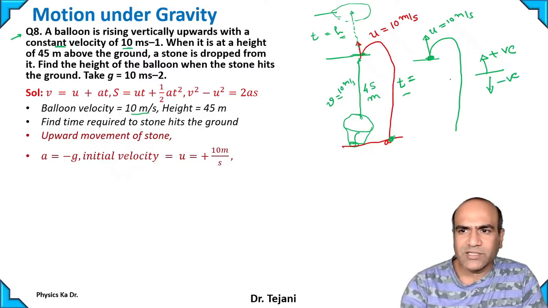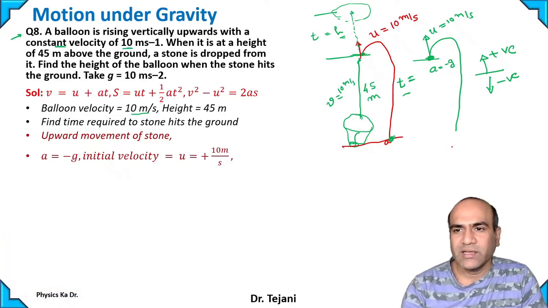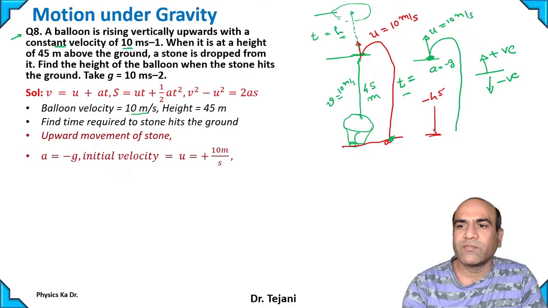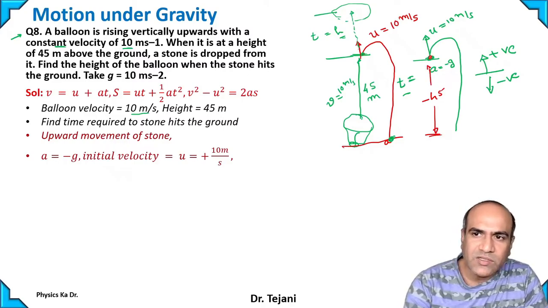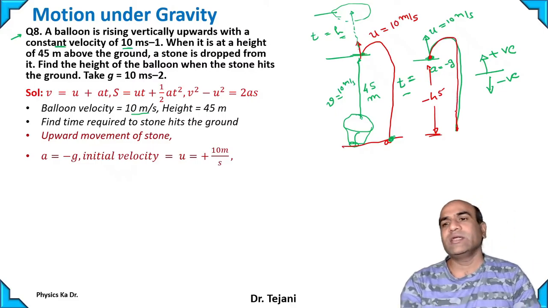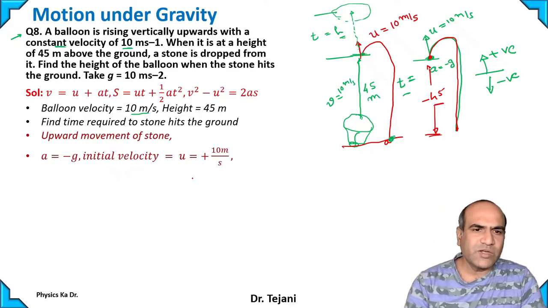Acceleration, of course, when it is moving up, is minus g. But the distance is to be considered minus 45. When the body is moving from up to down and we are calculating the total path, we need to consider height as negative for this case. Put this value here.